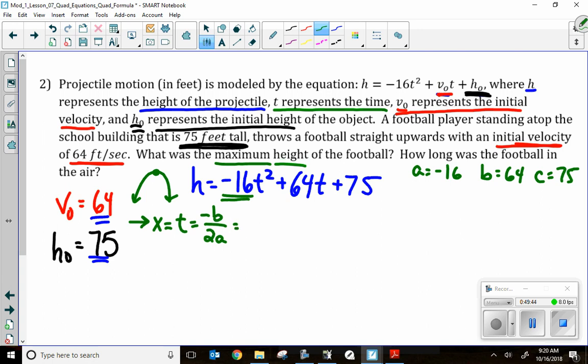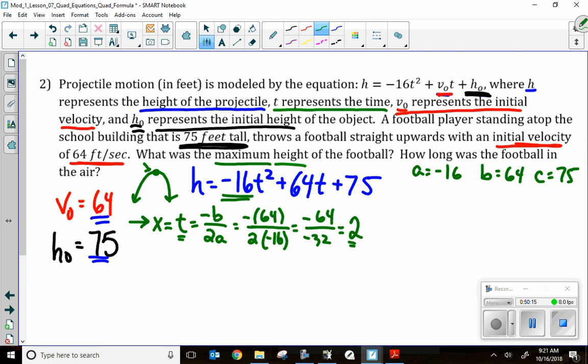So the negation of b, which is 64, all over 2 times a, which is negative 16. That's negative 64 over negative 32. That's 2. At a time of 2 seconds, that's when the ball is going to reach its max height.